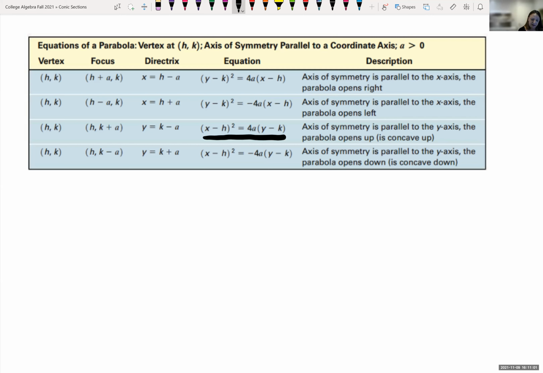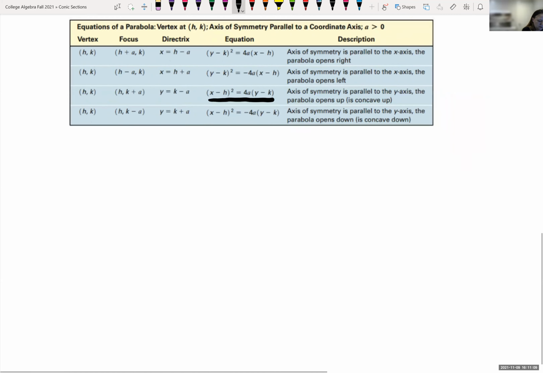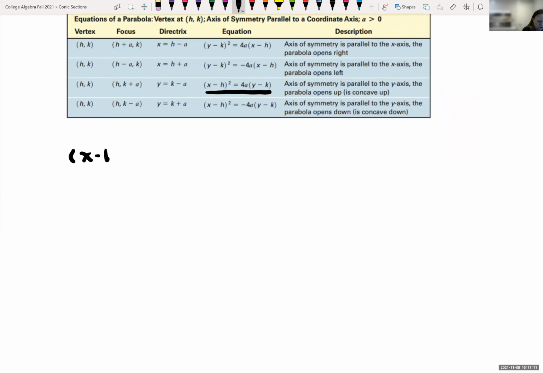And so if we have the form of x minus h, quantity squared, this is equal to 4a parentheses y minus k. So if this is the case, the axis of symmetry is parallel to the y-axis.